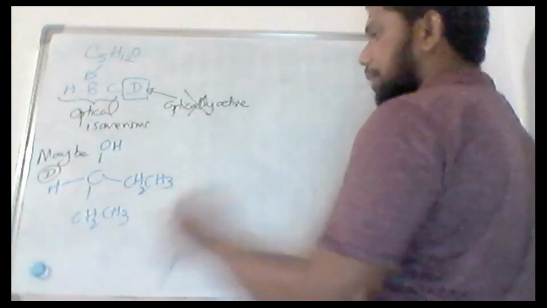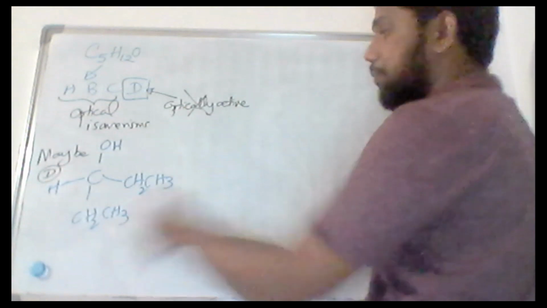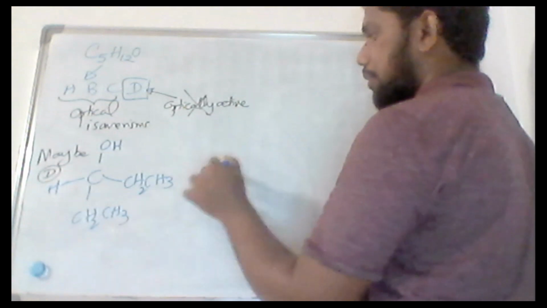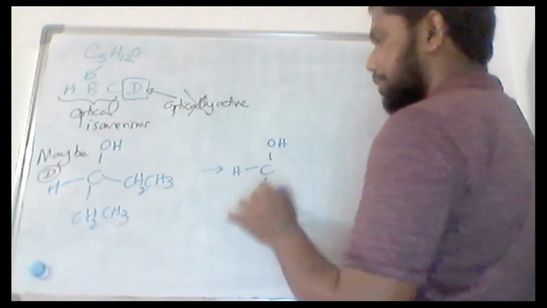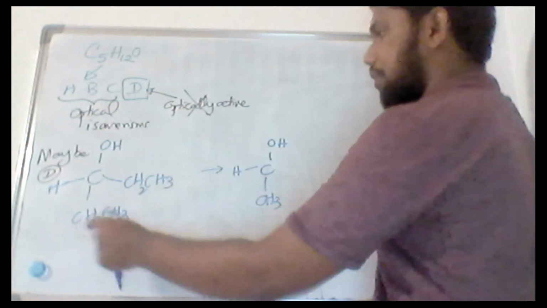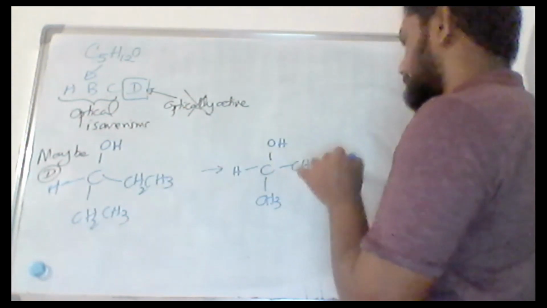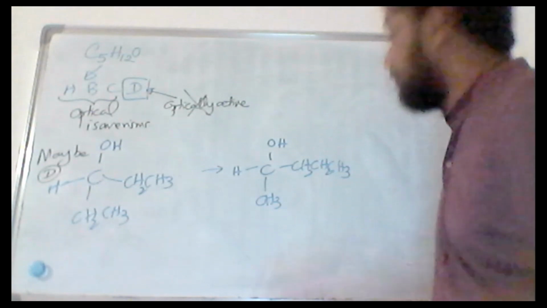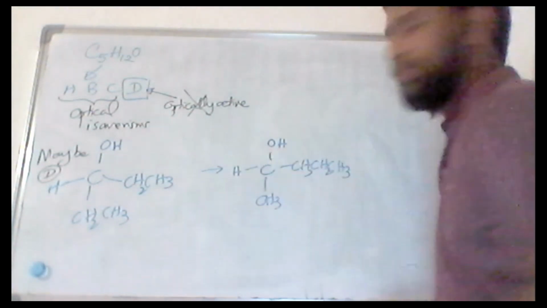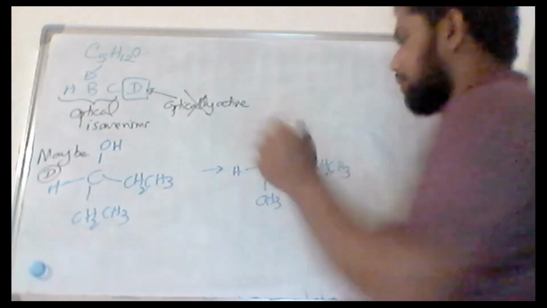But if I put one of the CH3 groups here, then there is OH here, there is hydrogen here, and this becomes CH3 now, and one of the CH2 groups goes here. Now you can see 4 different groups are here, which tells us this is optically active.